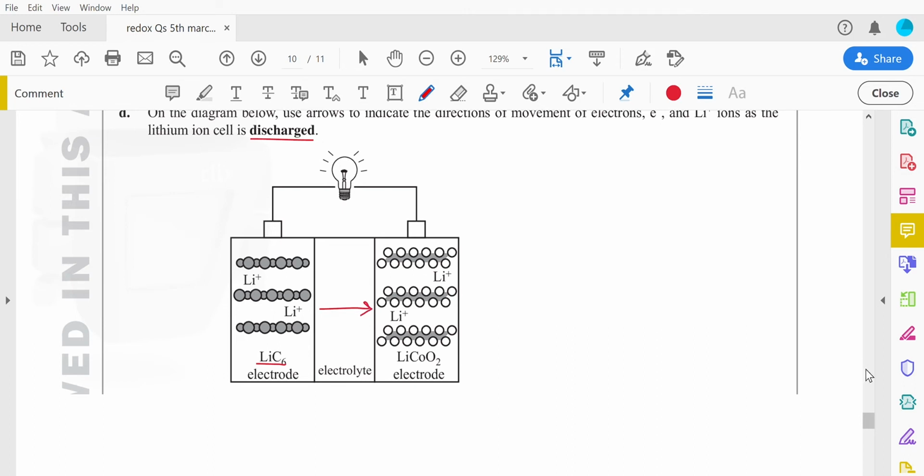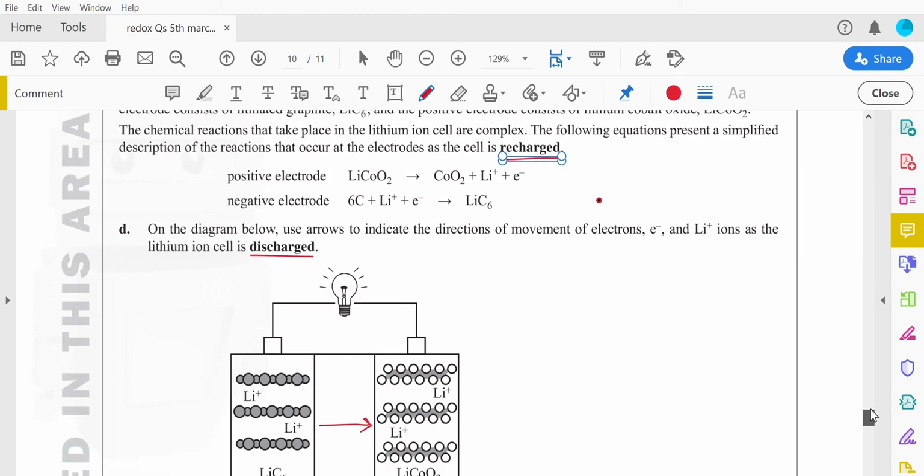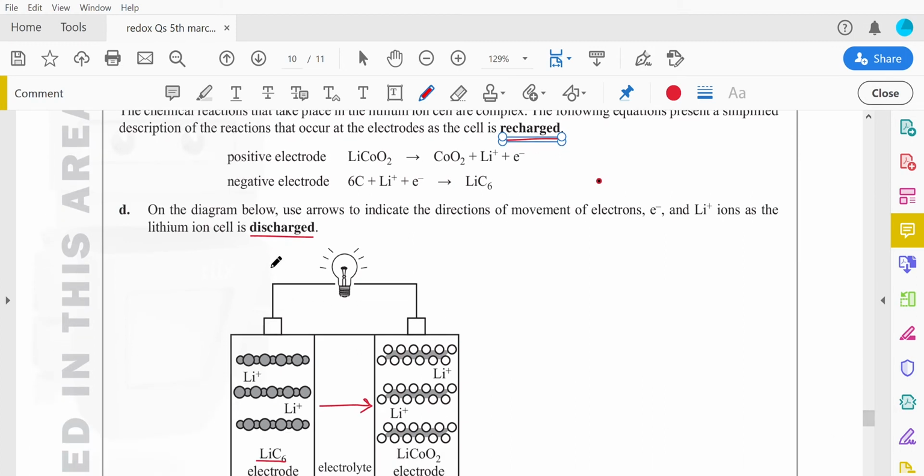Okay, then look at it. What's going on here? If we're trying to find the flow of electrons in this wire, again, at our lithium graphite electrode when recharging, you have to have electrons coming in for reduction to get this lithiated graphite again.